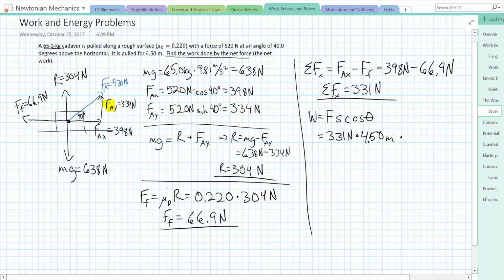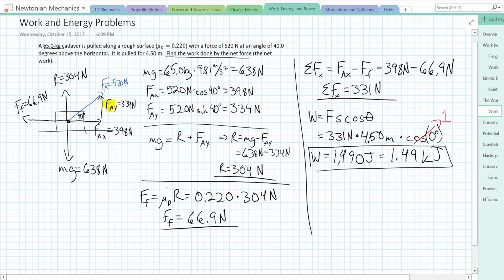And since it's being pulled to the right, and the net force is also to the right, our angle is zero, so it's cos of 0 degrees, which just goes to 1, and we get 331 times 4.50, which means we have 1,490 joules of work done, or 1.49 kilojoules.